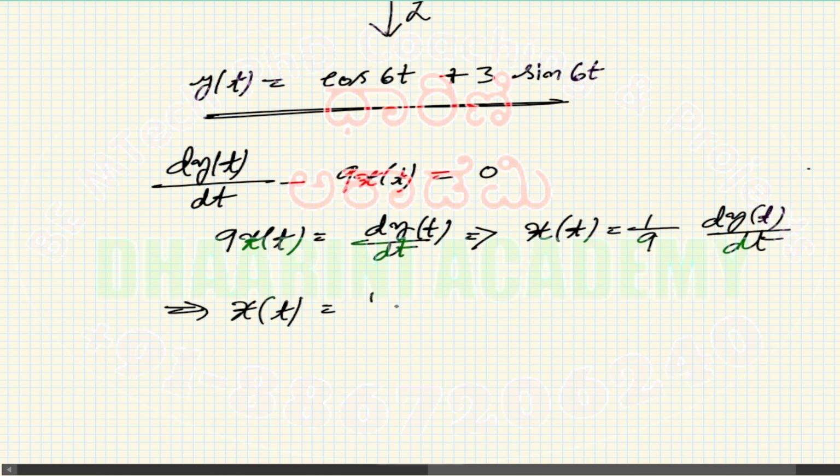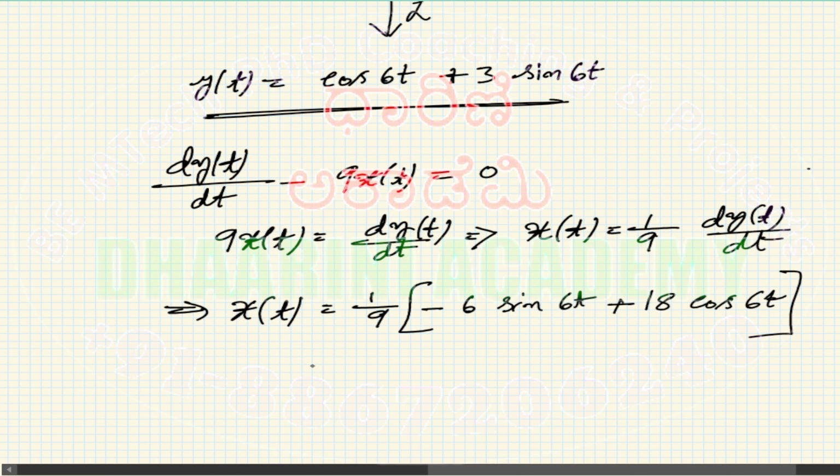So this is 1 by 9 times, differentiation of cos 6t is minus 6 times sine 6t, then plus 3 into 6, so 18 cos 6t. I can take 6 outside. So 6 by 9 is 2 by 3.